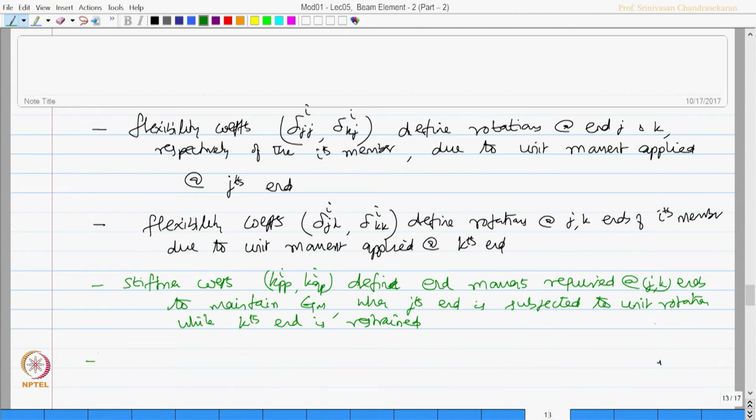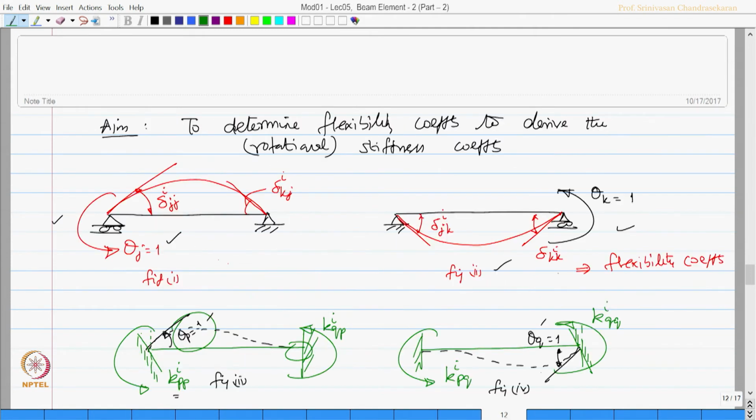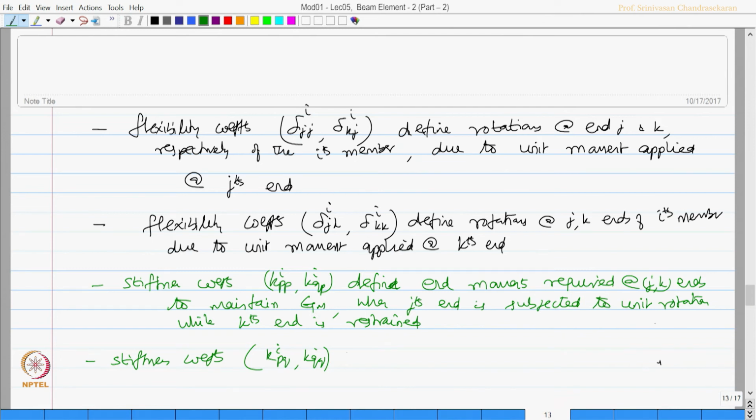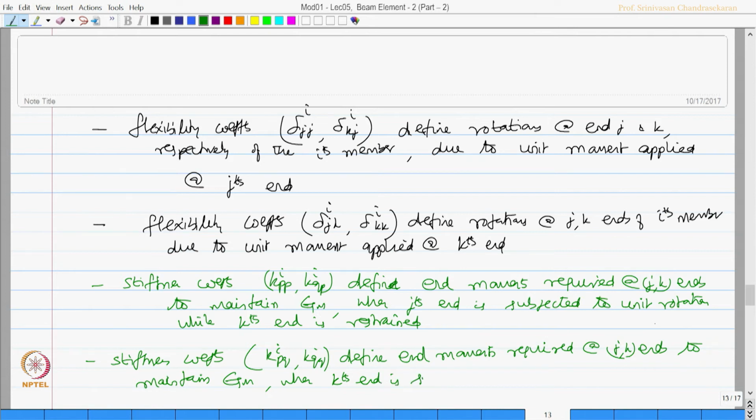Similarly, stiffness coefficients Kpq and Kqq of the ith member define end moments required at j and k ends to maintain equilibrium when kth end is subjected to unit rotation and jth end is restrained.